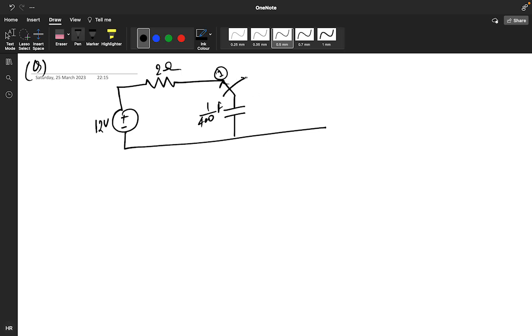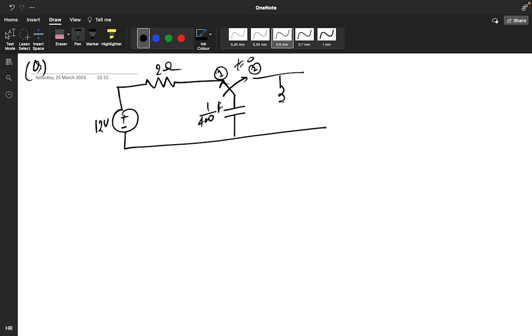Now this switch we are moving to position 2 at t equals 0.